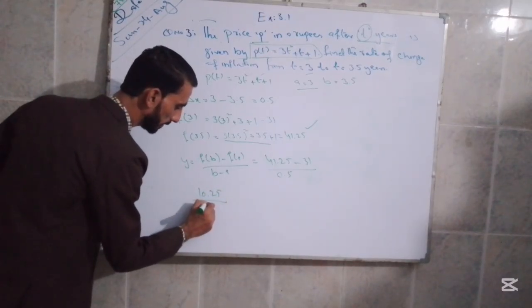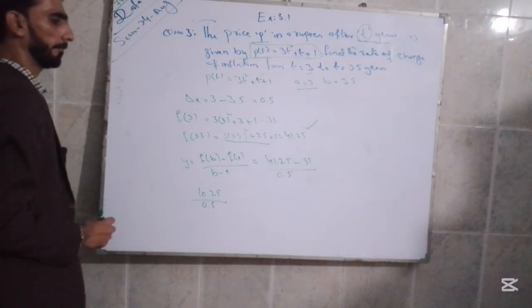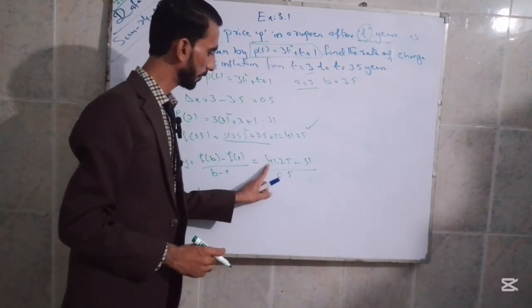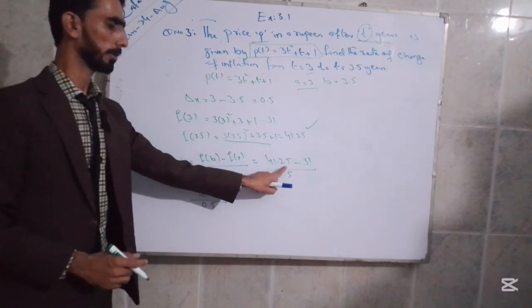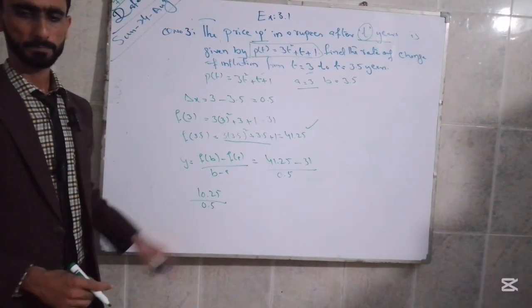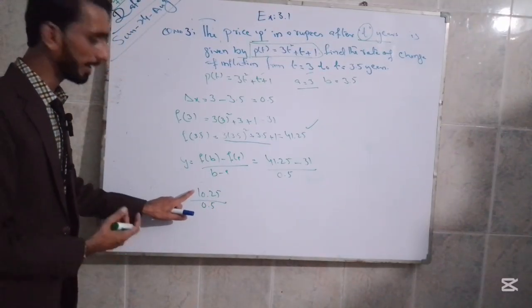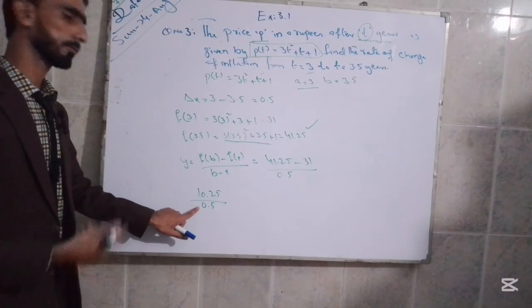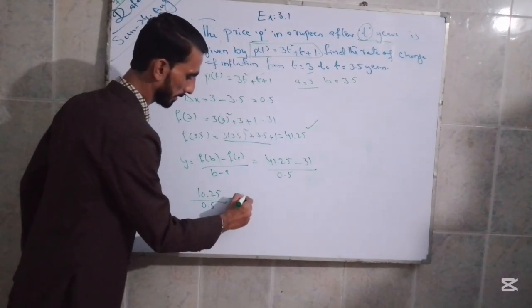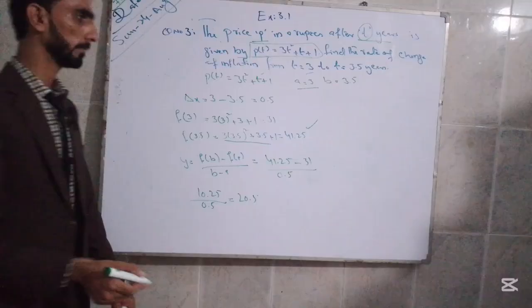10.25 upon 0.5. Wait, it means 41 minus 31 is 10. Here the 25 is the same 25. Okay, if we divide 10.25 by 0.5, we get 20.5. But how?